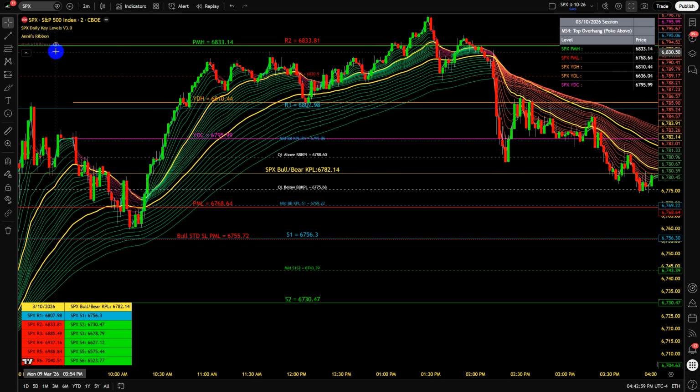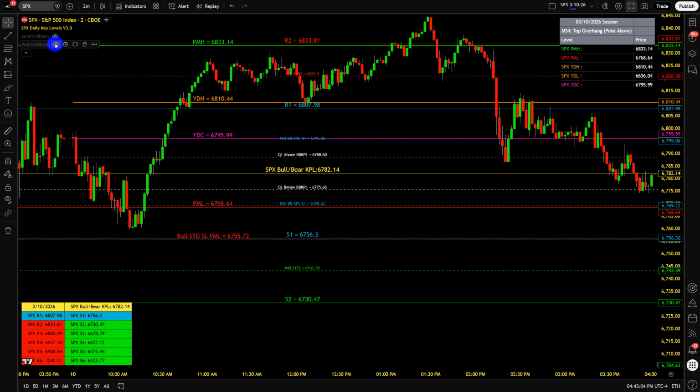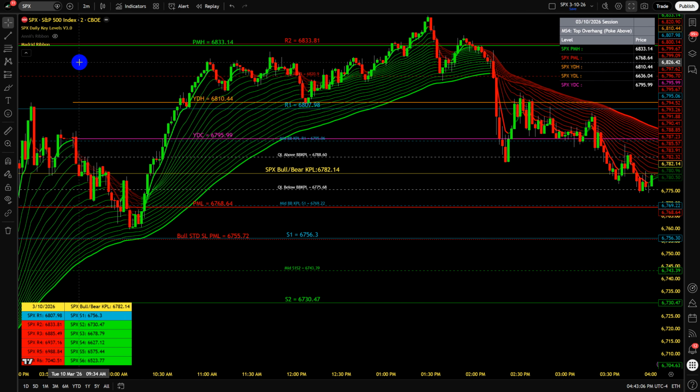Now the other ribbon is basically very similar. This is also free on TradingView, and this is called the Madrid ribbon. As you can see here, this one is slightly different than the other one, although one of the things with this one, you don't have the two thick yellow moving averages that are used to additionally gauge what's going on in the ribbon.